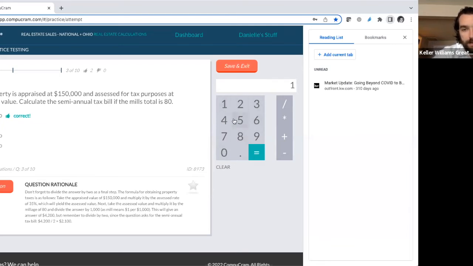So let's take the 150,000 times 0.35 for the assessed value, divided by 1,000 because we're talking about mills, times 80 because that's the mill count. And that's going to get us to 4,200, which, as we saw, is an answer on there.